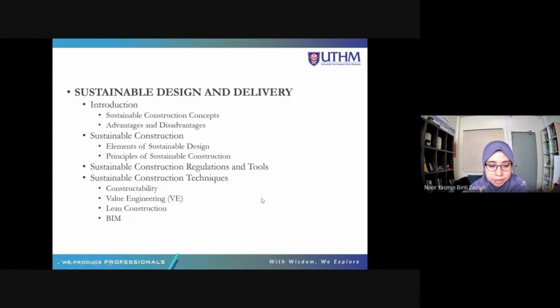The table of contents for today's lecture is the introduction to sustainable design and delivery, which covers sustainable construction concepts, advantages and disadvantages, elements of sustainable design and the principles of sustainable design, sustainable construction regulation and tools, and also sustainable construction techniques, which we will cover on constructability. VE, value engineering, lean concrete and BIM will be covered in part 3 next week.